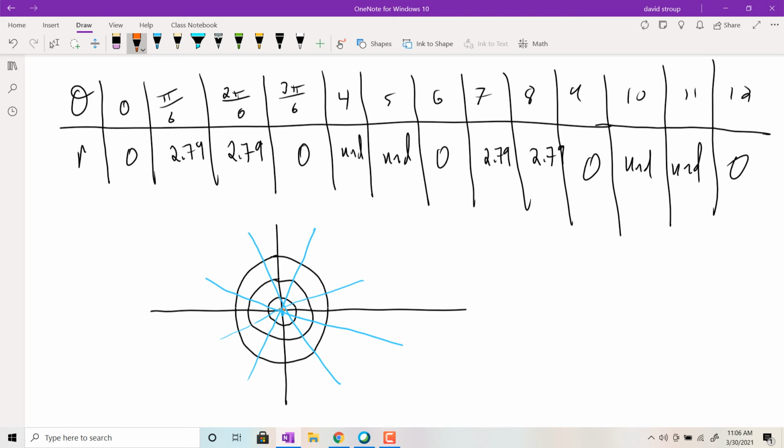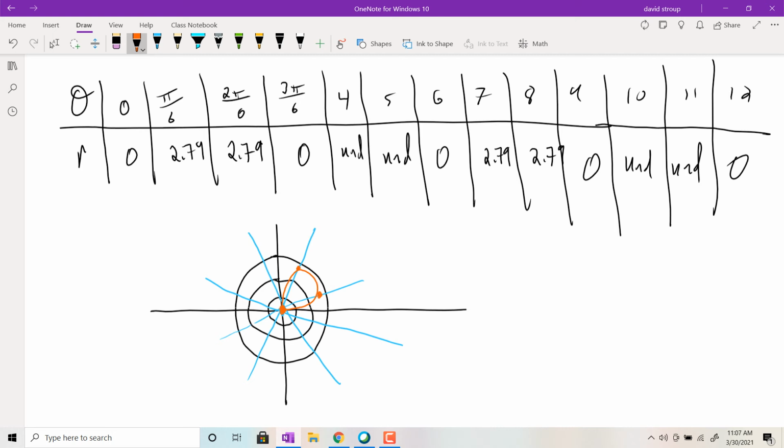Put these in red. Pi over 6 is 2.79. And then 2 pi over 6, again, is 2.79. And then 3 pi over 6 is pi over 2, back to 0. Okay, so it's going to go out, and then back in, and then back to 0, right?